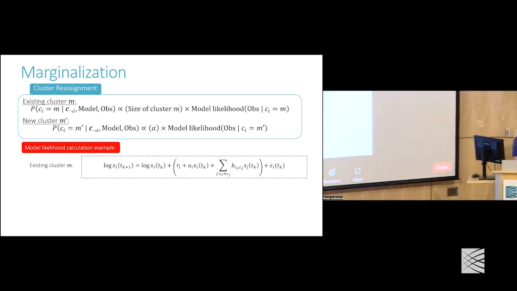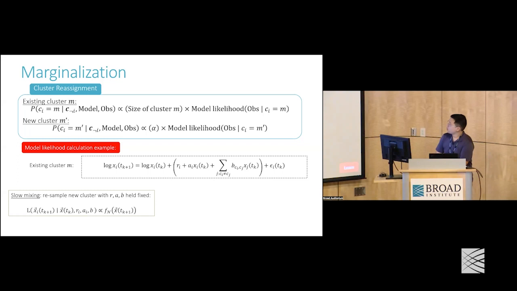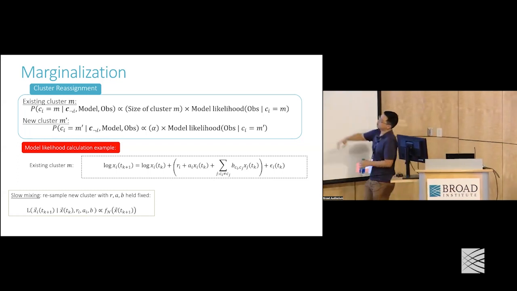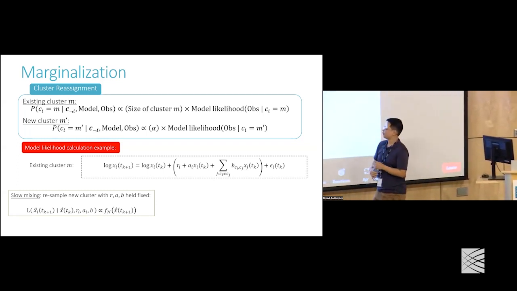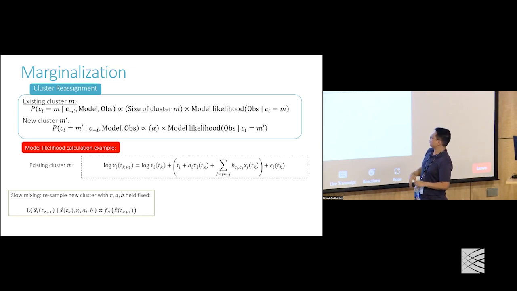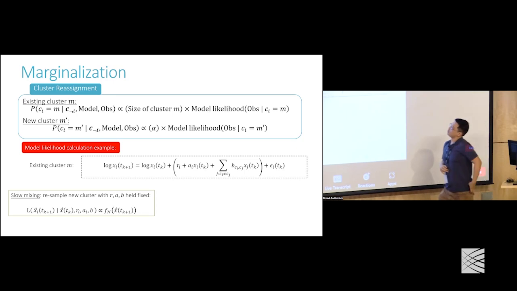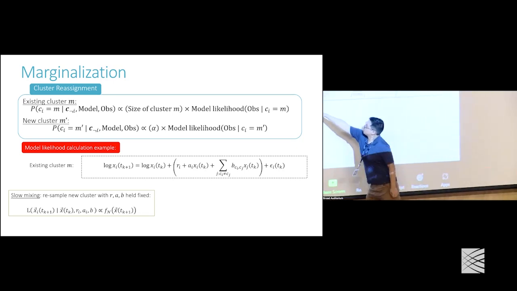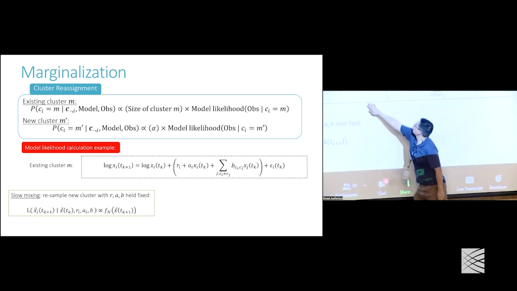Now, if you think about what you need to compute in order to perform this update step, in order to resample this new cluster, you think about the likelihood, this whole thing.